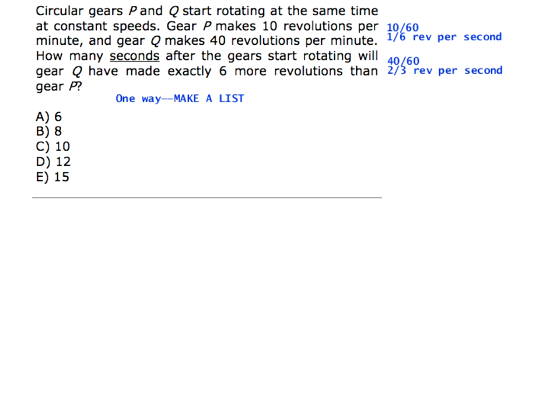So let's make a list, right? The answer choices give you a bunch of times that you can check. So let's just do it for each time. Choice A is 6 seconds. We can make a table: choice, time in seconds, then gear P, and then gear Q. It helps to make lists like this just so that you don't get lost in the middle of doing the problem.